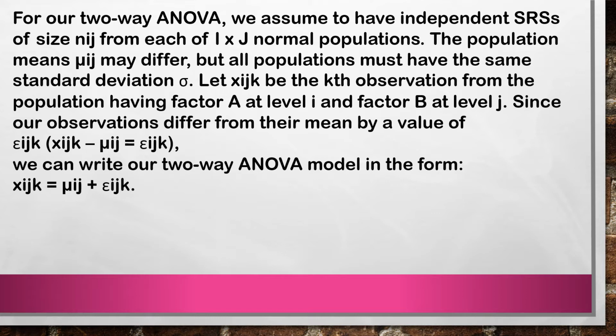Since our observations differ from their mean by a value of epsilon_ijk, x_ijk minus mu_ij is equal to epsilon_ijk. So therefore, we can write our two-way ANOVA model in the form x_ijk is equal to mu_ij plus epsilon_ijk.